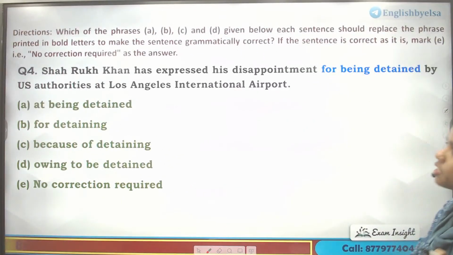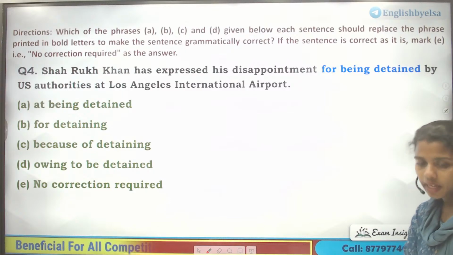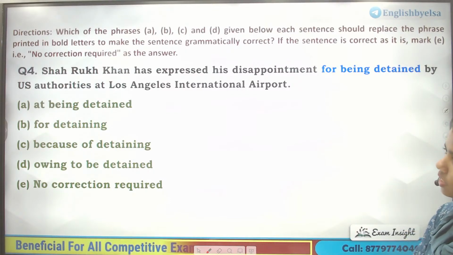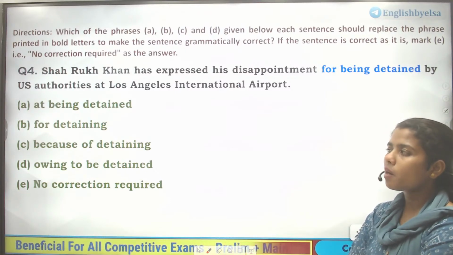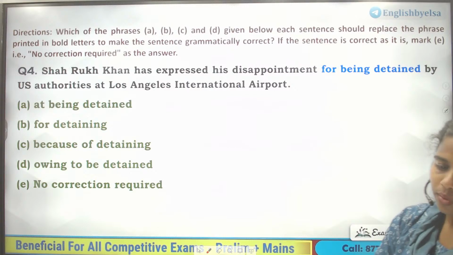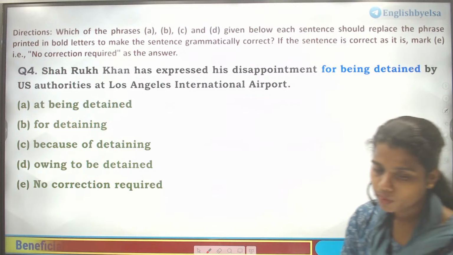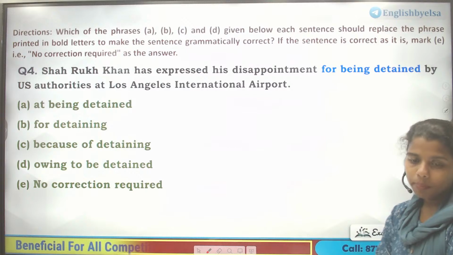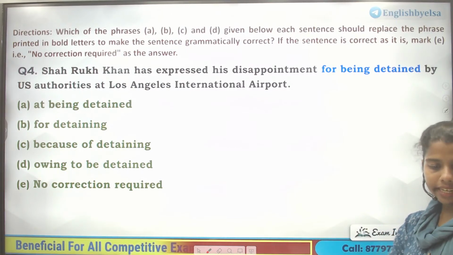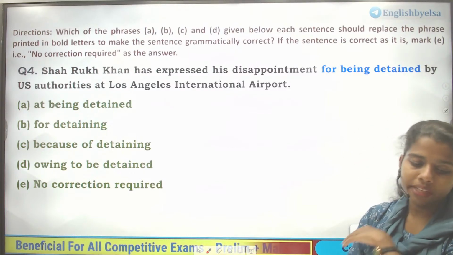Shah Rukh Khan has expressed his disappointment for being detained by US authorities at Los Angeles International Airport. Here also, this is something related to grammar. Grammatically you should know something related to prepositions. The options are: for being detained by, at being detained by, for detaining by, because of detaining by, owing to be detained by.